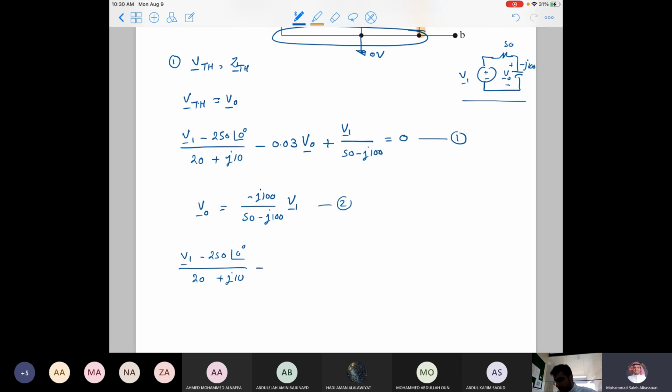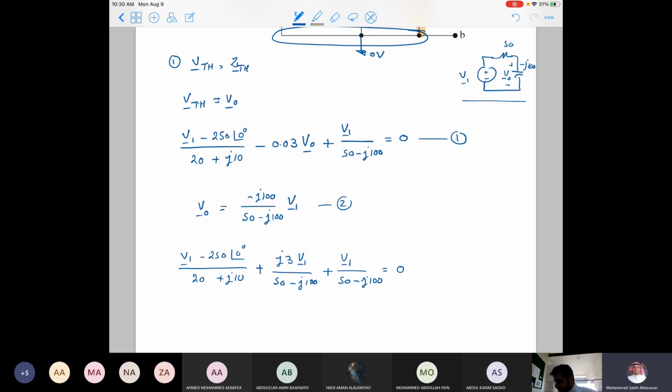Negative with negative is positive, so I'm going to end up with J3 V1 divided by 50 minus J100, and plus V1 divided by 50 minus J100 equals 0.